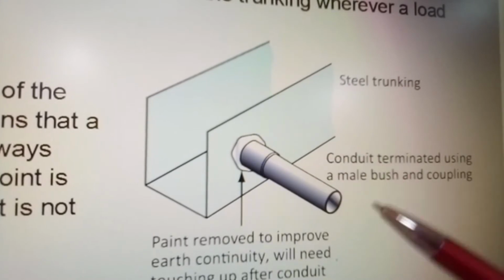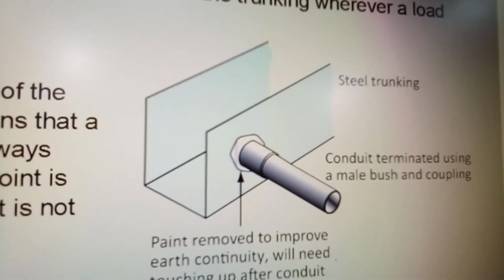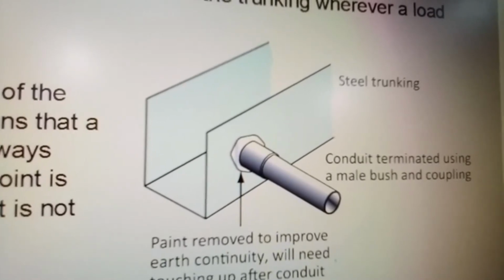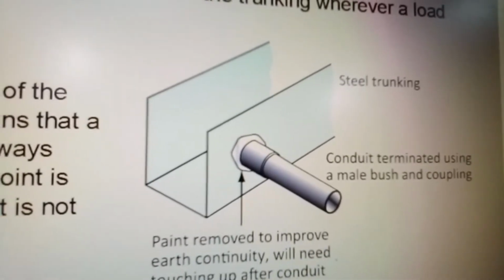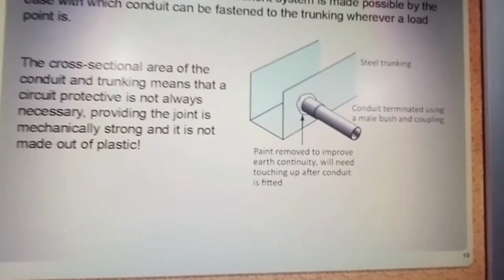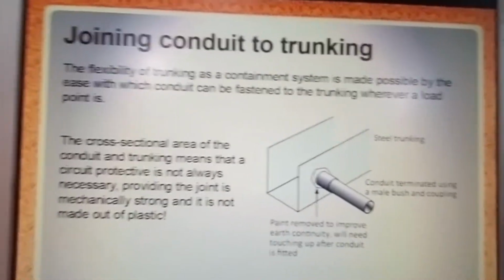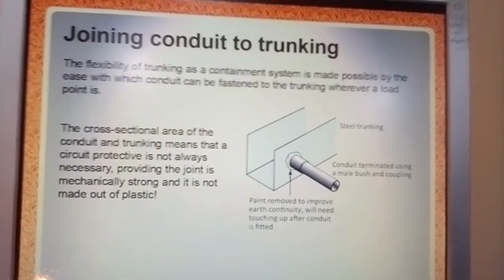So you run a separate earth in your conduit system to make sure that the appliance is secure and bonded down to the trunking at a different point if need be. Safety, safety, safety, always.